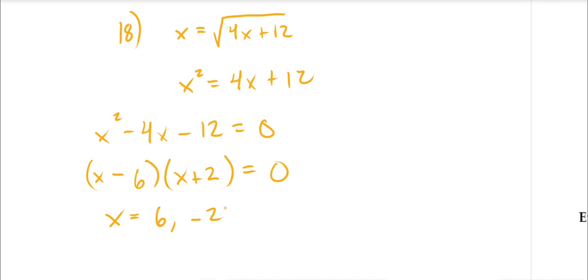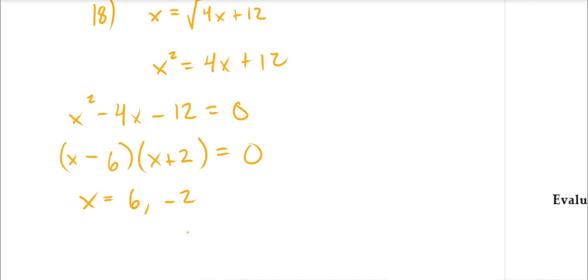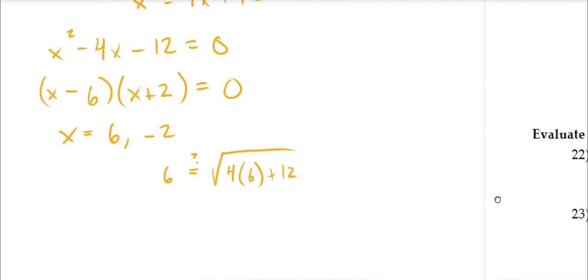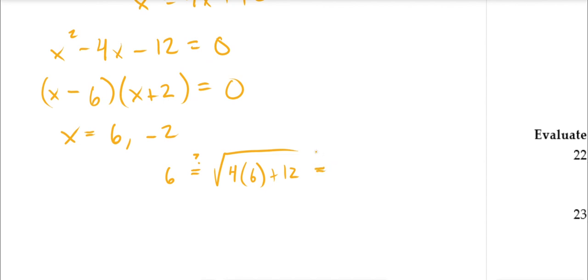And we're going to want to check those in the original equation. If I take 6, is that in fact equal to the square root of 4 times 6 plus 12? Well, yes, it totally is, because 4 times 6 is 24, plus 12 is 36, and 36's square root is indeed 6. But what about minus 2?